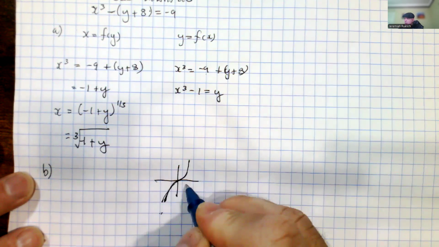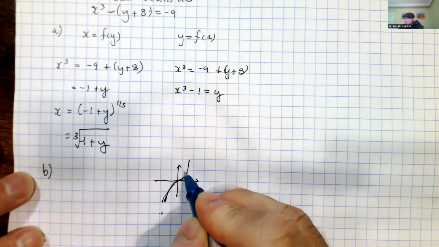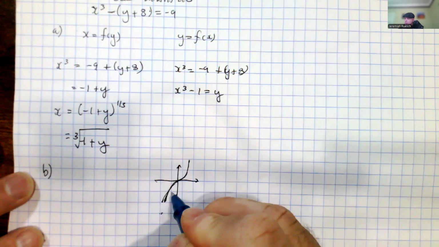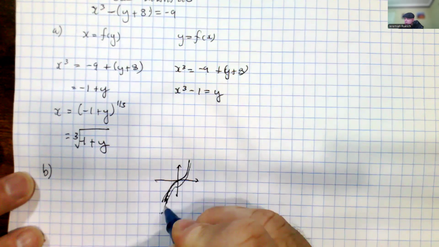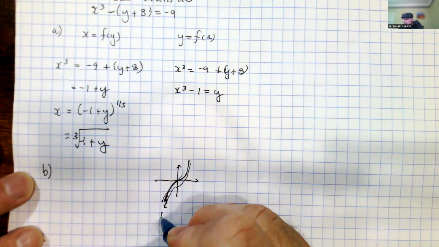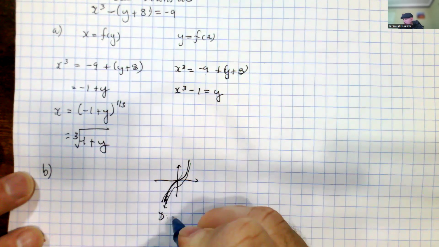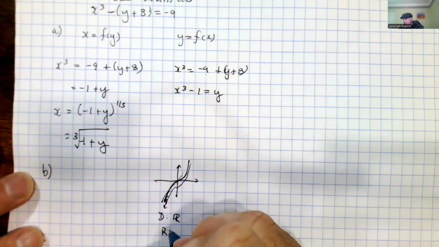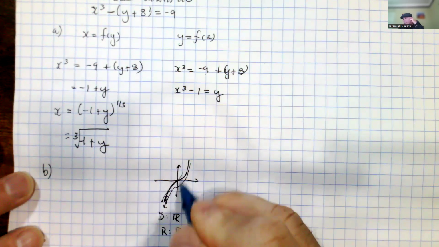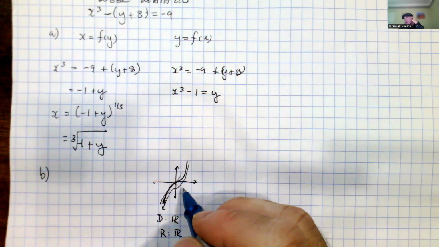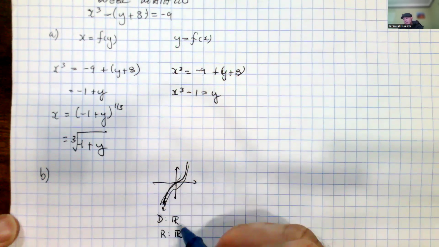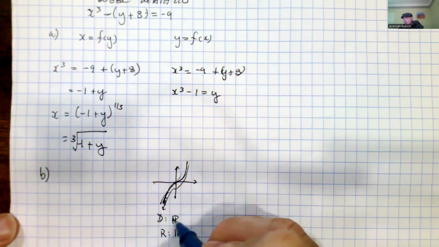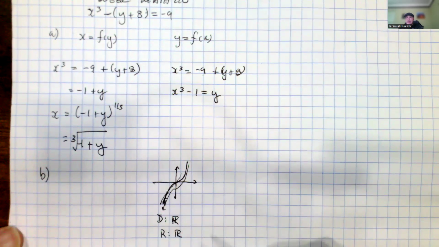And so the parent function being shifted down 1 is just going to move this whole graph down 1. So the domain is all of R, and the range is actually the same thing. So the domain and range for an odd cubic or an odd polynomial is pretty straightforward. Usually it's going to be all of the real numbers.